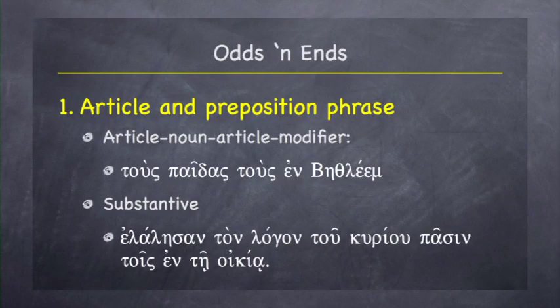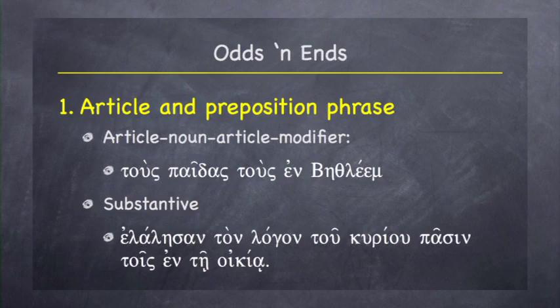The example we have in the textbook is tous paidas, tous en Bethlehem. Okay, word for word, that means the children, the in Bethlehem. Now, how on earth are you going to translate that?